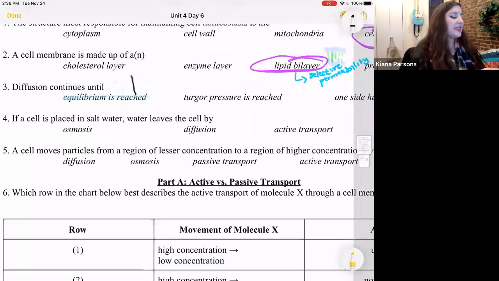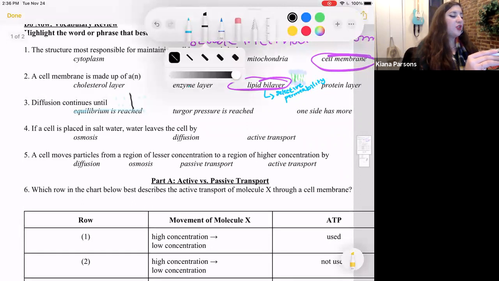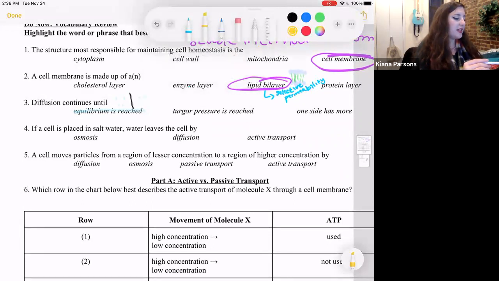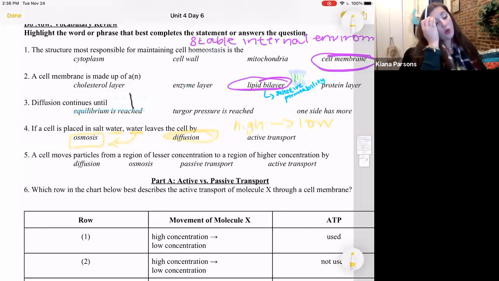If a cell is placed in salt water, water leaves the cell via, and two of these answers are correct. We're talking about, of course, osmosis is the diffusion of water, but the water specifically is moving via osmosis, but that process is also diffusion because in both cases, it's going from high concentration to low without energy.